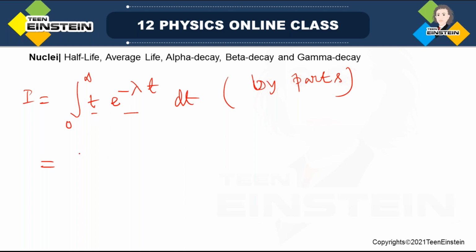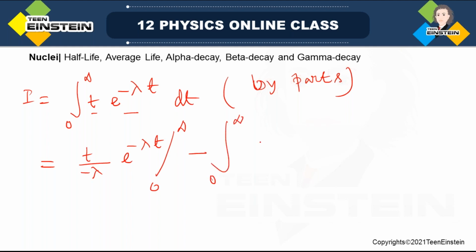For the first function, you keep it as it is, and you integrate the second function. If you integrate it, you get minus 1 by lambda and e to the power minus lambda t, taking the limit over here.